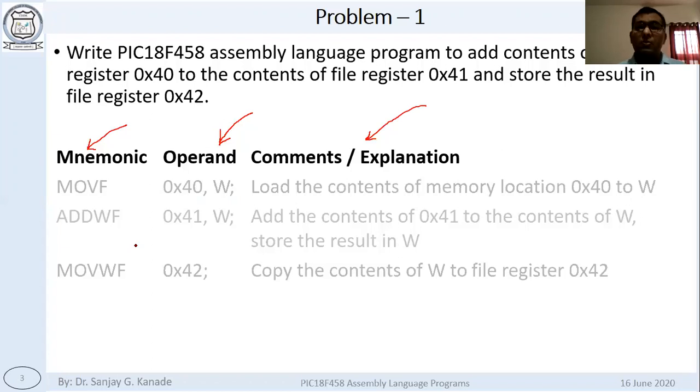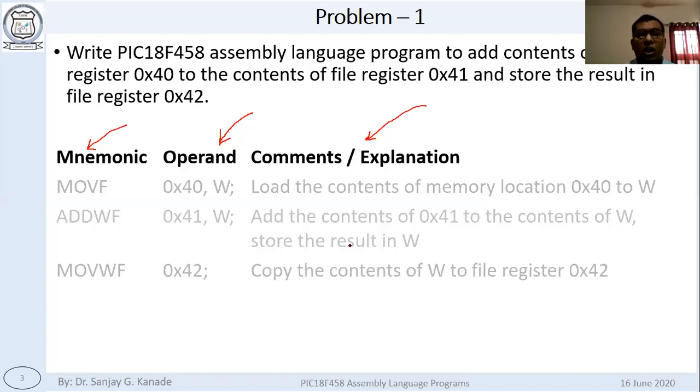So the programs may change, and the problem would be, I'm talking about when you are writing the programs in your theory examination, the examiner may not read all the instructions and try to decode the program every time. That's why these comments will play a major important role in helping you to get marks.